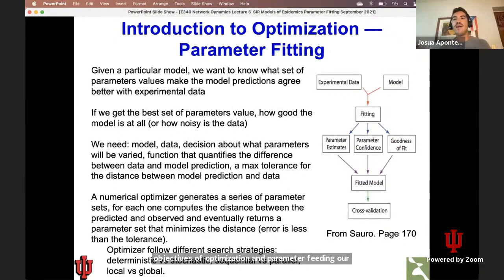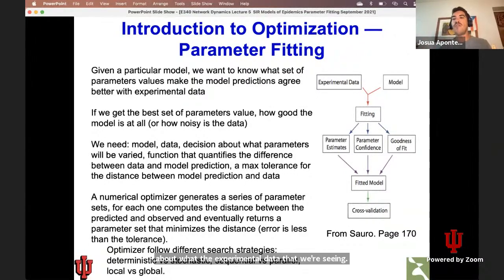And again, the idea of parameter fitting is that you have some experimental data of interest, and you have a model that you think describes properly the mechanics of the infection, right? How is infection propagating in your population? And you say, okay, I think an SIR model is the right way of thinking about the experimental data that we're seeing.